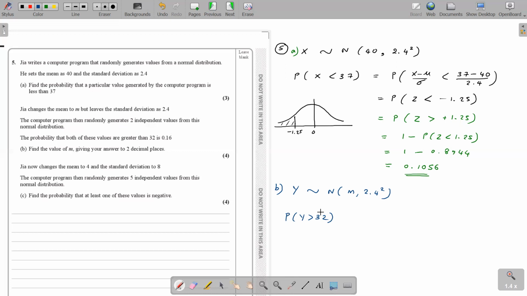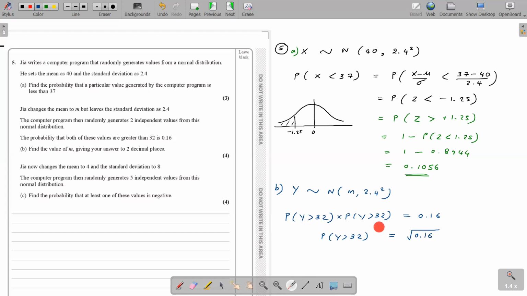Imagine like a tree diagram. First value is greater than 32. Second value also greater than 32. What do you do along the branch? You multiply, right? So the probability that both the values are greater than 32 is 0.16. Which means this is the square of the probability Y greater than 32, right? Probability Y greater than 32 squared. If I want to find the probability of Y greater than 32 for a single value, all I have to do is take the square root of 0.16, because this is two values.